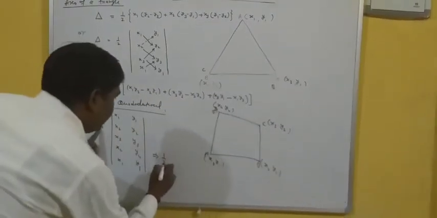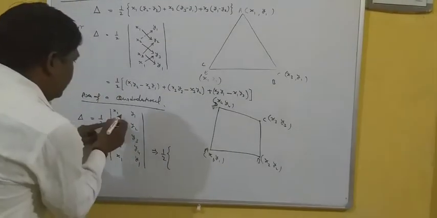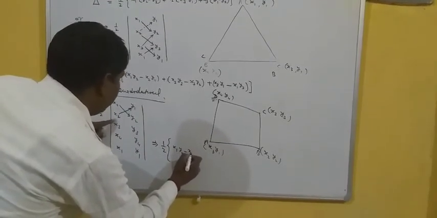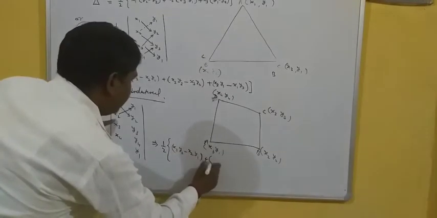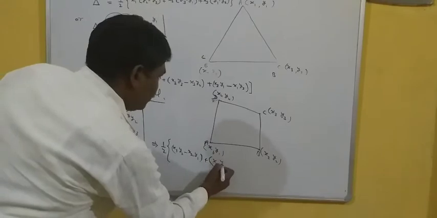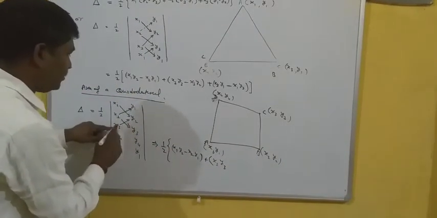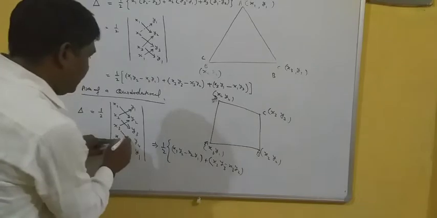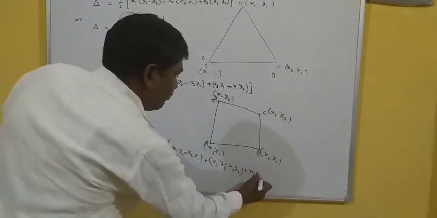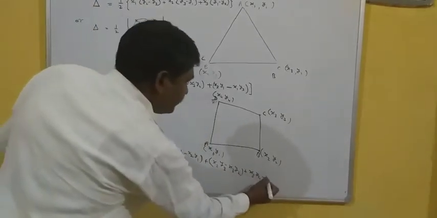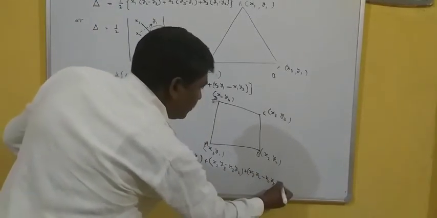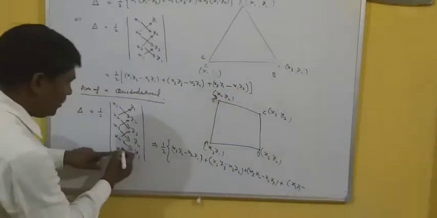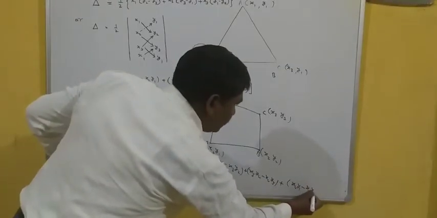So 1 by 2 within bracket x1 y2 minus x2 y1, plus x2 y3 minus x3 y2, plus x3 y4 minus x4 y3, plus x4 y1 minus x1 y4.